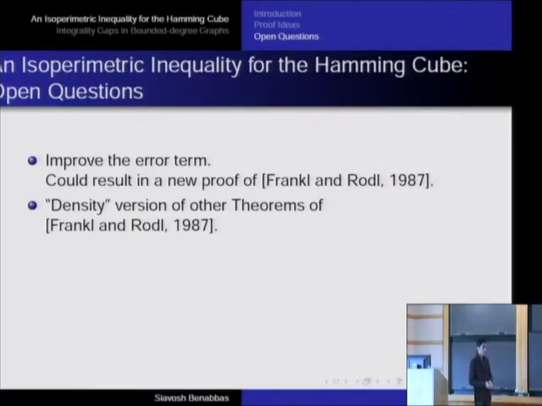Is there any reason to believe the density version, even for the original? Did people try to? So yeah, okay. Actually, Frankl and Rodl showed some density version for the variant where you are counting the number of points which share a certain number of ones. It's not a very strong one.